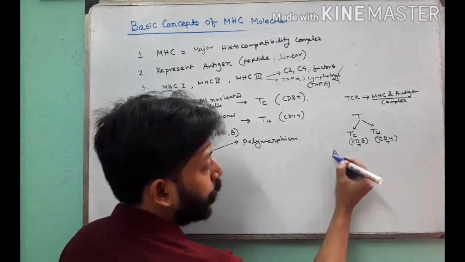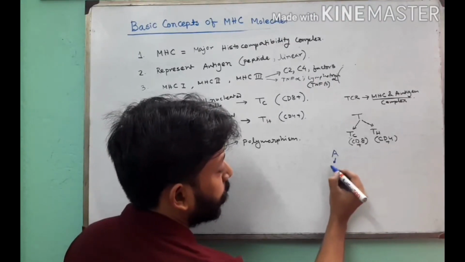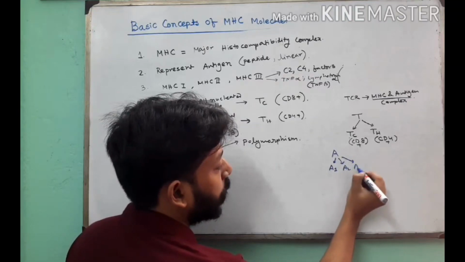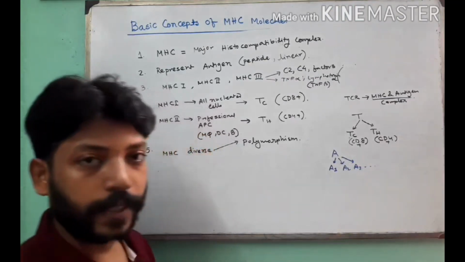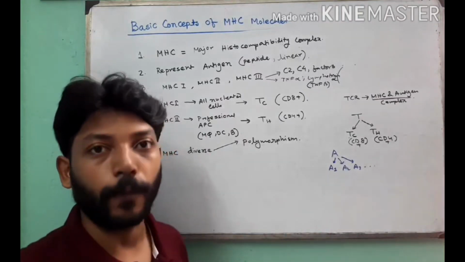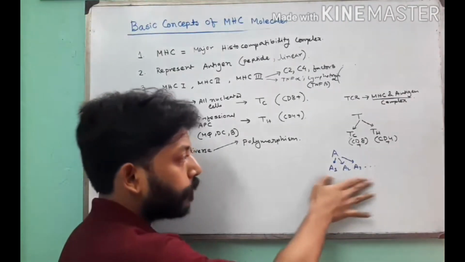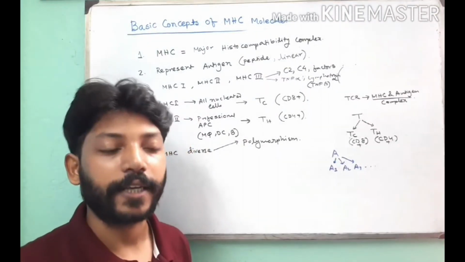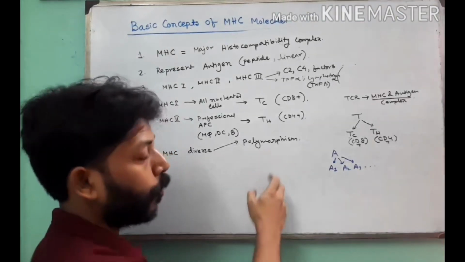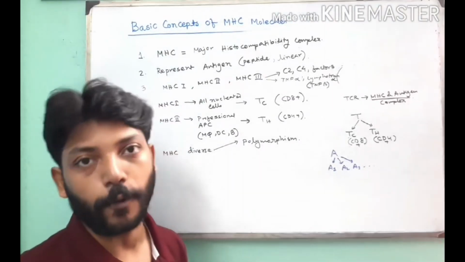So this A gene can be represented by the A1 gene, A2 gene, A3 gene, and so on. That means this A gene can be of different allelic forms. They all perform the same function but have differences in structure. So this is called polymorphism, when a gene is present in different allelic forms.